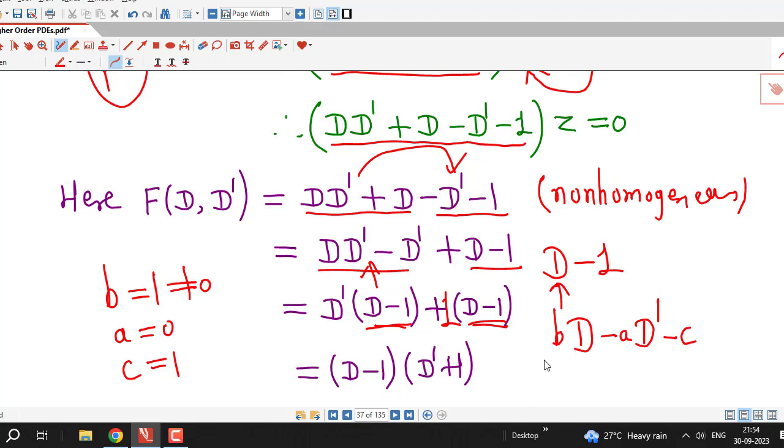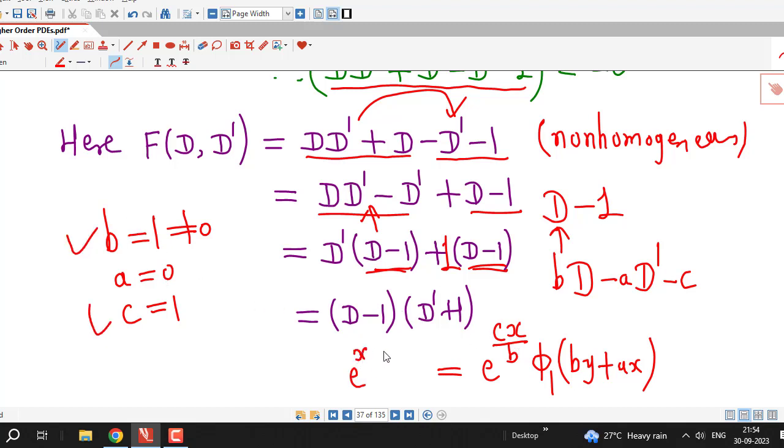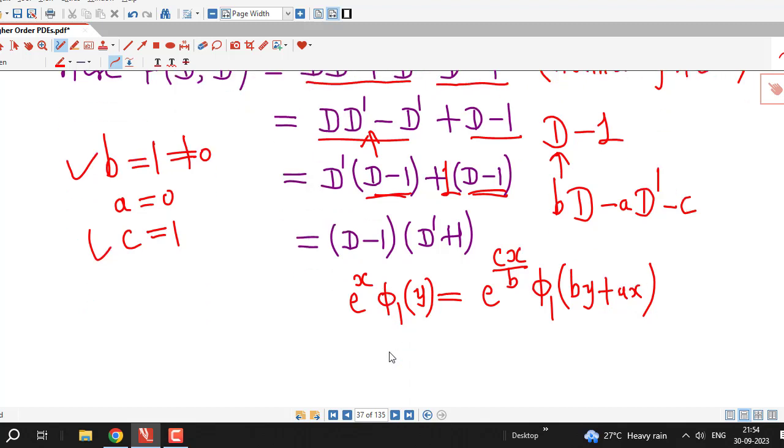Therefore the solution corresponding to D minus 1 will be e raised to cx by b, arbitrary function of by plus ax, and c and b both are 1, c by b is 1, that is e raised to x, arbitrary function of b into y, b is 1, that is y, plus ax, and a is 0. Therefore we have e raised to x times phi 1 of y corresponding to D minus 1.